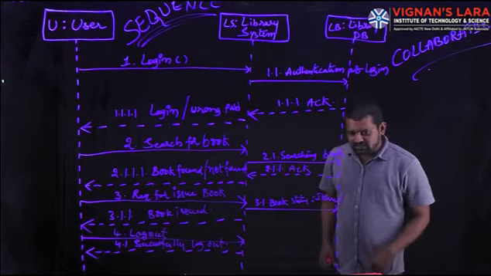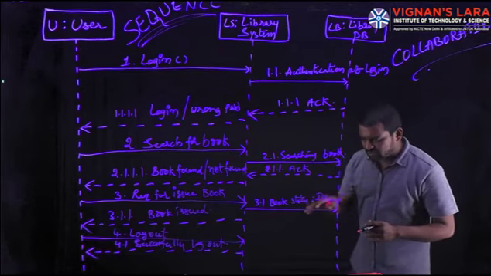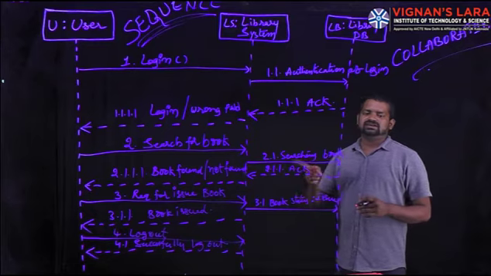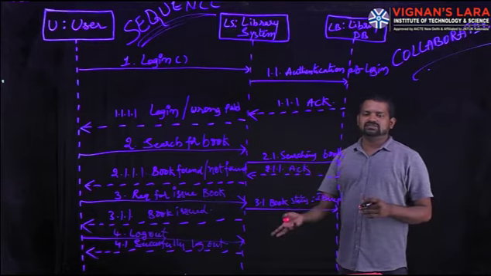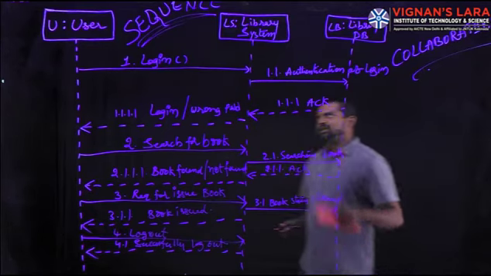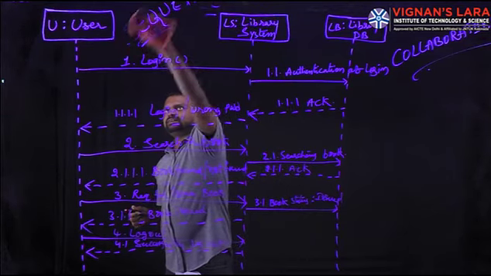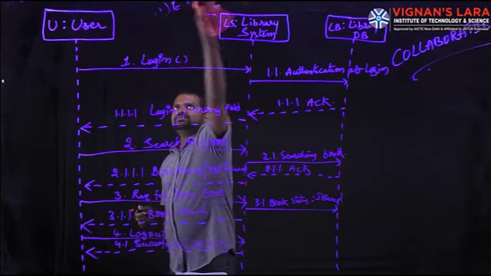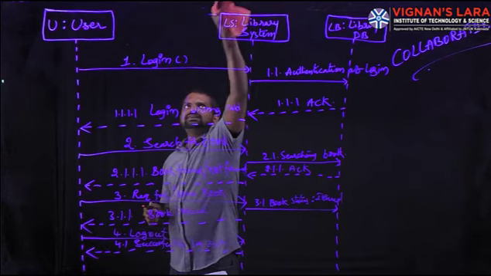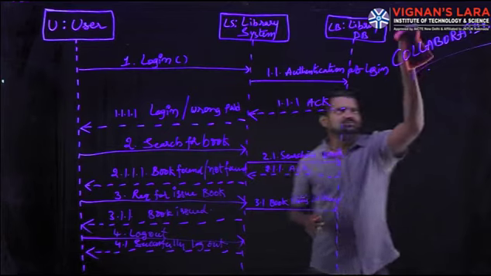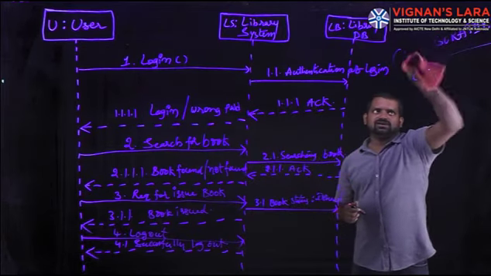Automatically, by pressing F5 on the keyboard, it will generate the collaboration diagram. It works vice versa as well: if you create a sequence diagram, it displays the collaboration diagram, and if you create a collaboration diagram, it displays the sequence diagram.